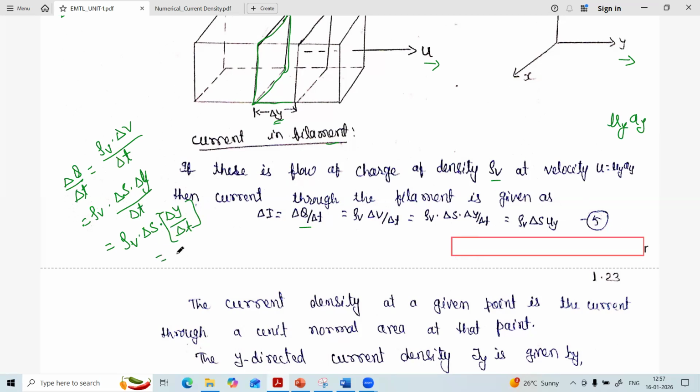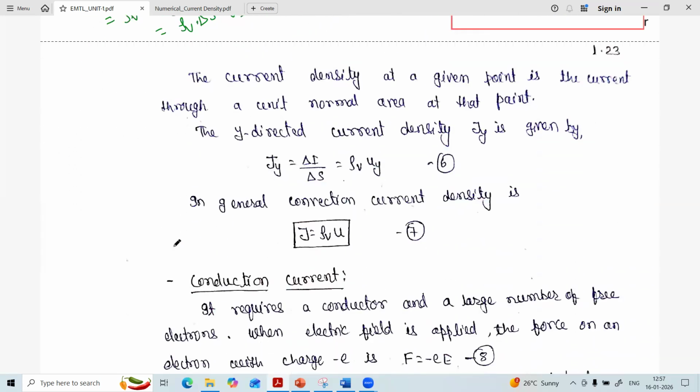That is why it is written as rho v into del S into u y, the velocity along the Y direction. So this is the differential current value here.